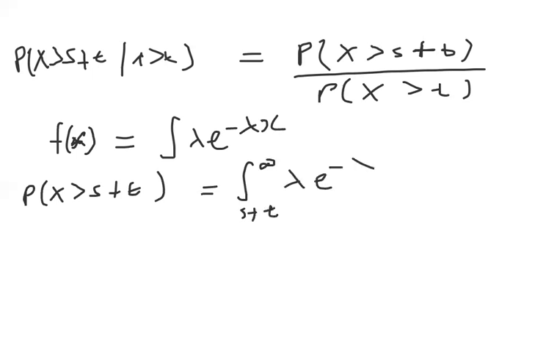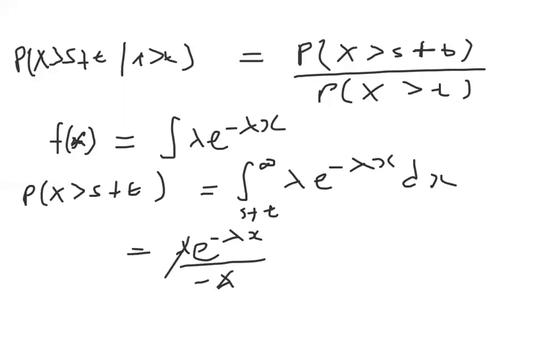When I integrate this, you divide by the exponent, which is minus lambda. So this cancels this, and then you have minus e raised to negative lambda x, from s plus t up to infinity.